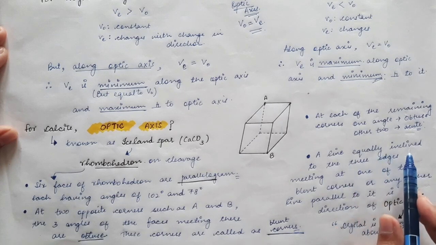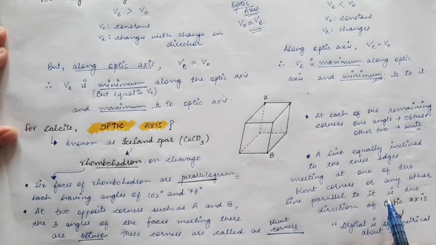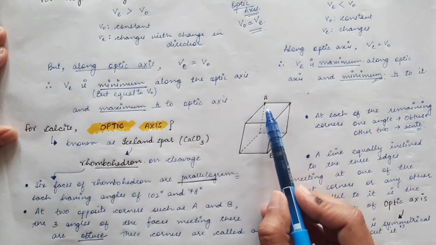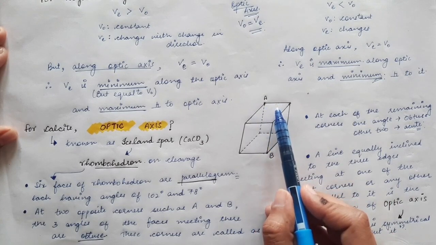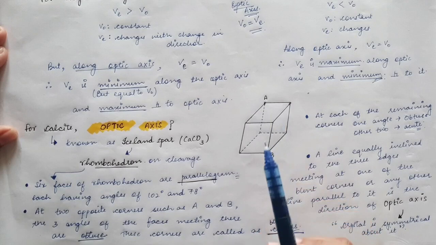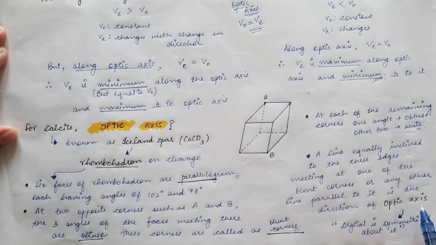So a line equally inclined to the 3 edges meeting at one of the blunt corners, or any other line which is parallel to it, will give me the optic axis. That is the direction of the optic axis.